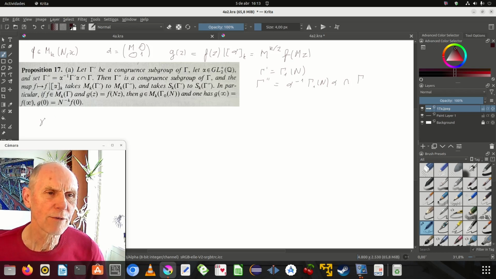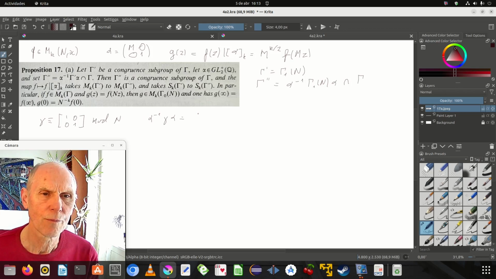That is, we have gamma is equivalent to 1, 0, 1, 0. This I might very well have done ahead.